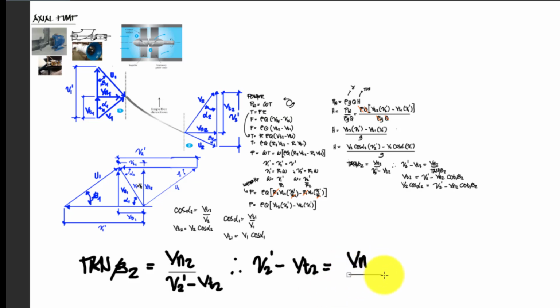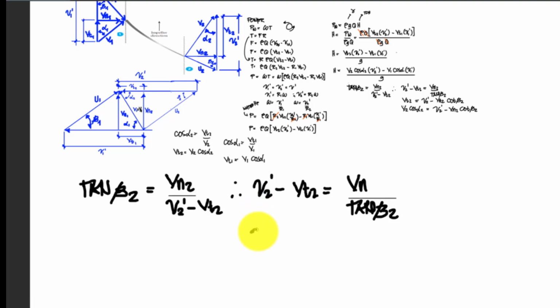Then this is over the tangent of beta 2. Or we can rewrite this one as the velocity of the vane minus the tangential velocity 2, which is the normal velocity 2 times the cotangent of my beta 2.